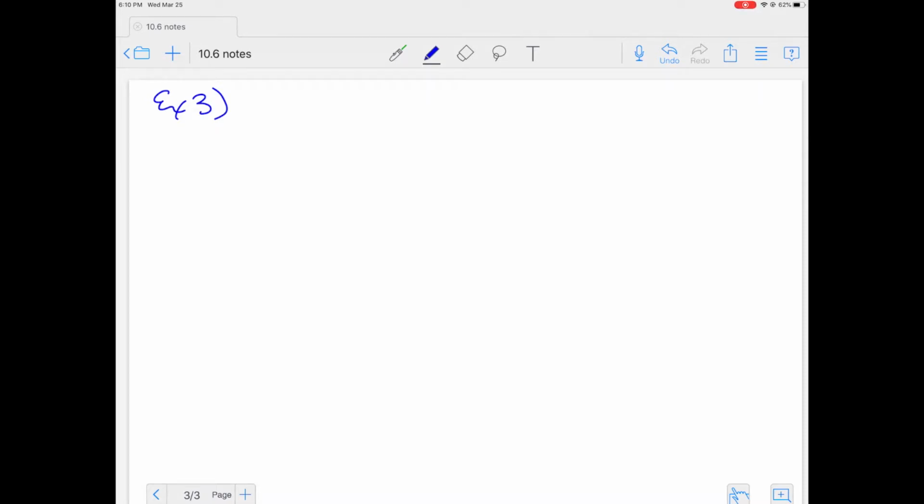Okay, now let's look at some generic examples. We want to determine whether the following series diverge, converge absolutely, or converge conditionally.